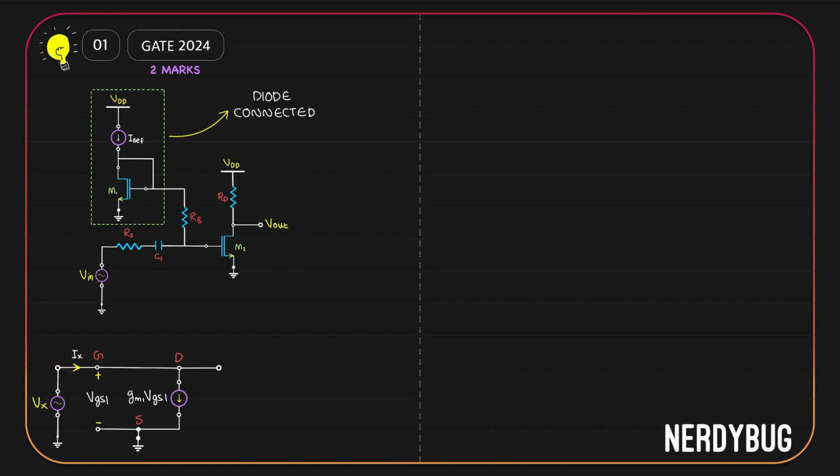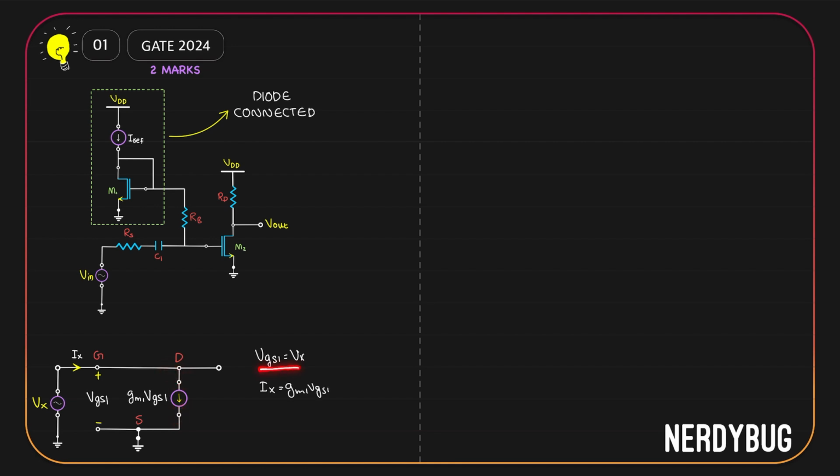First thing you can see is Vx is directly connected across gate and the source. That means VGS1 is equal to Vx. Also, current Ix flows like this and then it flows like this because the circuit is open over here. That means Ix is gm1 VGS1.